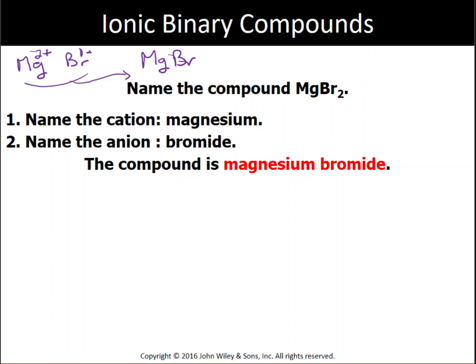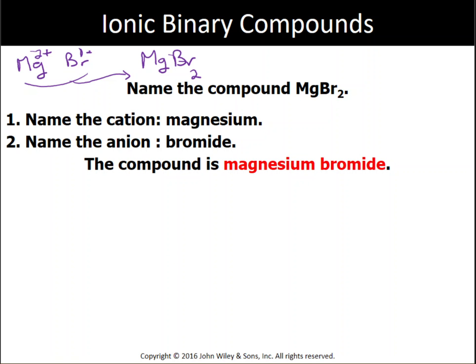If the ratio is 1 to 1, 1 magnesium, 1 bromide, do you think this is charge balanced? It's not, because magnesium is 2 positive, bromine is negative 1, so the net charge is a positive 1. But in order to balance the charge, how many bromide ions do you need? 2 of them, right? So the 2 appears as a subscript here.